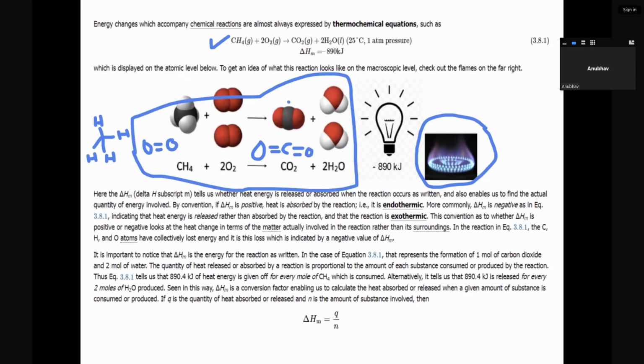Water is a bent molecule. The geometry of water is this one, H O H. So look carefully, we are dealing with a reaction which consists of methane and oxygen.